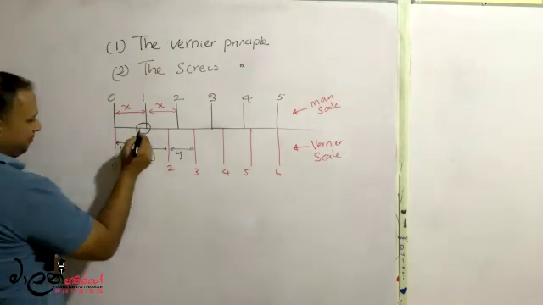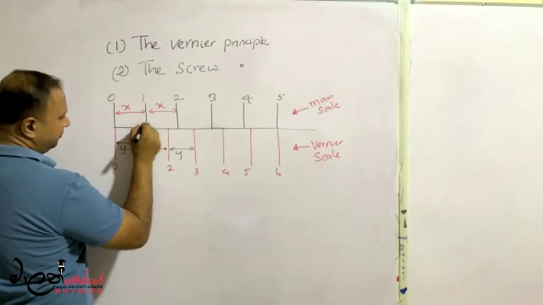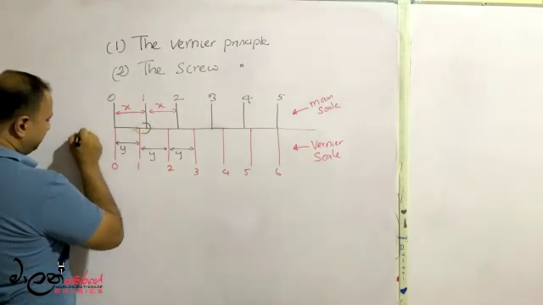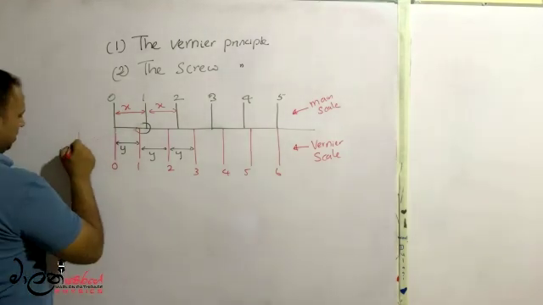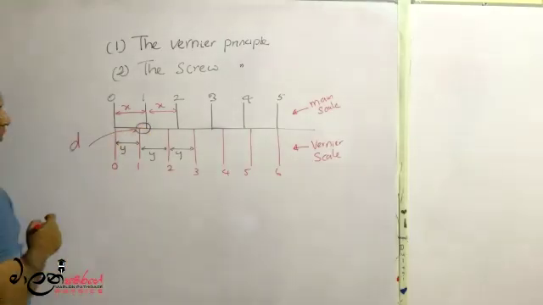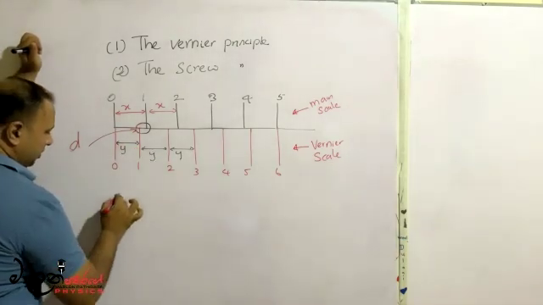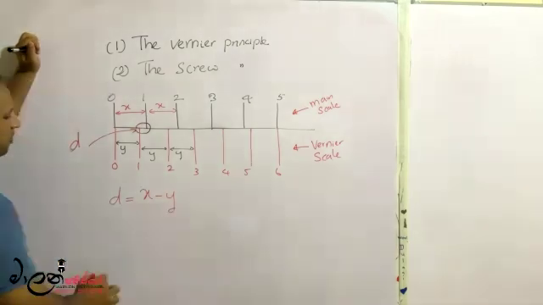Suppose this gap is D. So you can measure the gap between these two marks. So D is equal to x minus y.